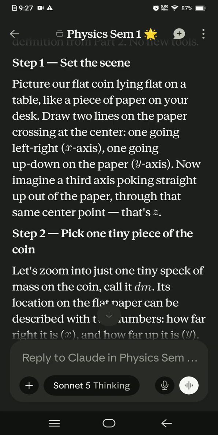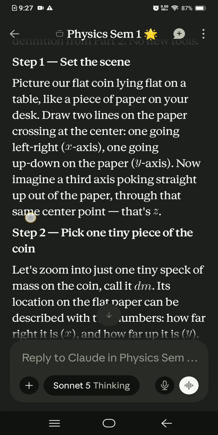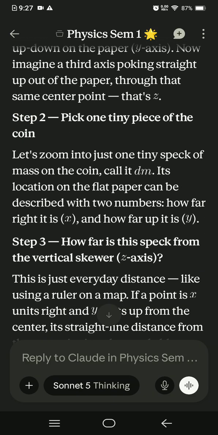Now imagine the third axis poking straight up out of the paper through that same center point, that's Z. Step 2, pick one tiny piece of the coin. Let's zoom into just one tiny speck of mass on the coin, call it dm. Its location on the flat paper can be described with two numbers: how far right it is, how far up it is. So x and y.